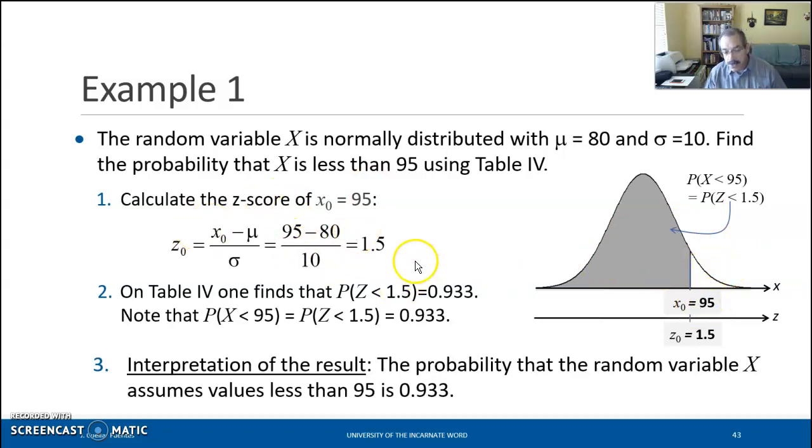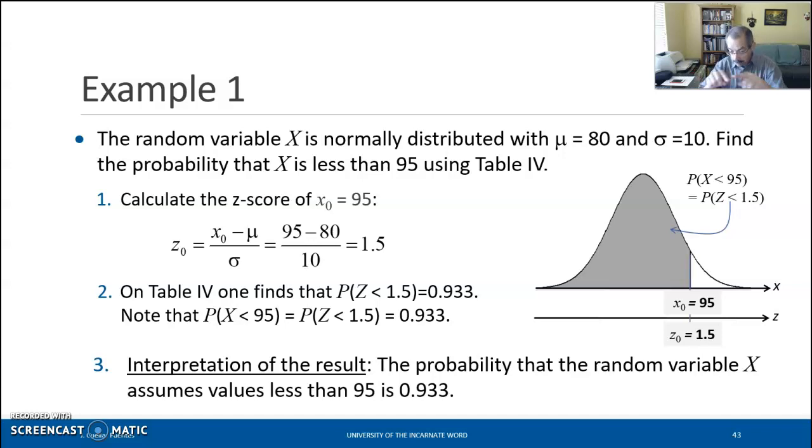Right. Once you have the z-score, then you go on to table 4 and you find the probability that z is less than 1.50. That means you're going to go on to the second sheet of table 4 because z is positive. You're going to look in the column, you're going to find 1.5 and look at the very first entry because the second decimal place is 0.